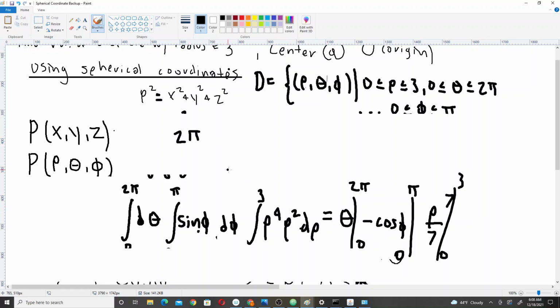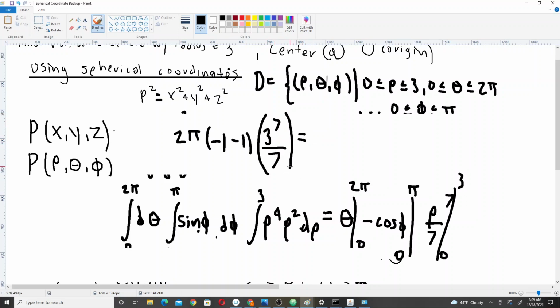If you put 0, you get nothing. For minus cosine phi at pi, you get 1, and then minus cosine of 0 is minus 1. And then for rho, it's going to be 3 to the 7th over 7.